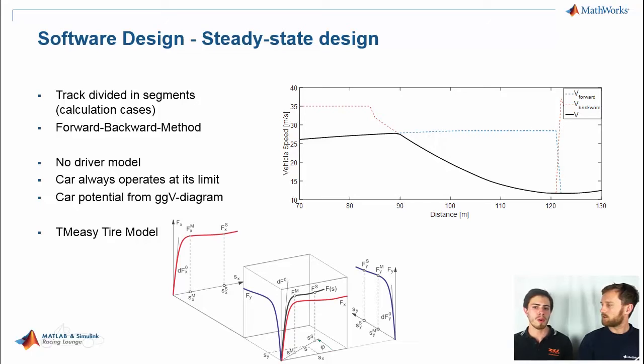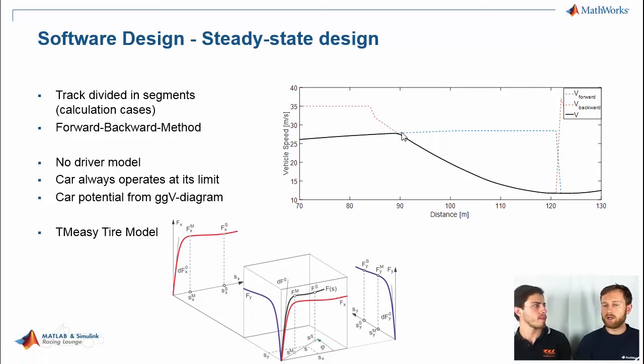And from apex 2 backward to apex 1, we integrate the maximum braking acceleration. Then we overlap both of those curves between those apexes, and the intersection of those curves is where the driver would have to switch between accelerating and braking.